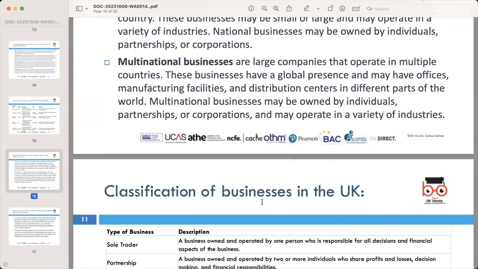Then SMEs, small and medium enterprises, national and multinational businesses, legal structures, then sole trader, partnership, limited company, public limited company, and business types and structures like market, objectives, goals, and strategy. So we discussed different types of businesses, their goals, their strategies, and their legal structures or framework.